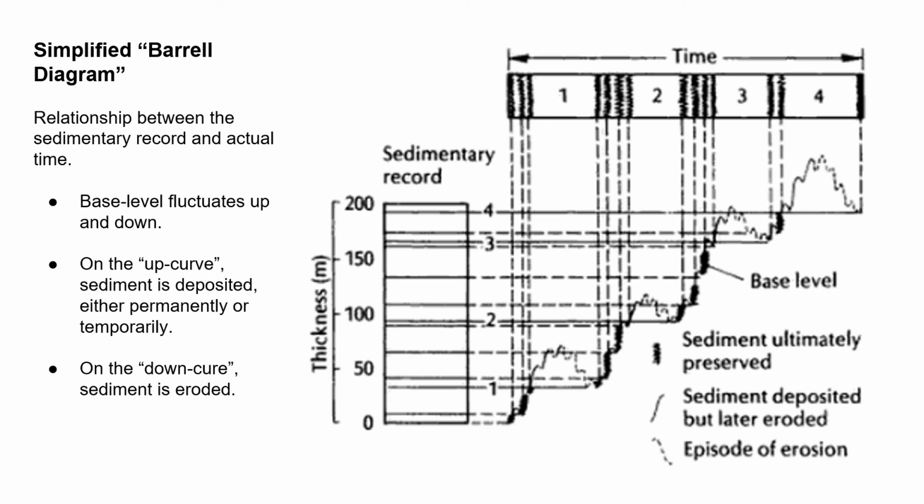Sediment is eroded on the down curve. Okay, so our bold lines you see are where sediments are ultimately preserved. Our lighter up lines are sediment that's deposited and then later eroded, and the downsides are showing that level of erosion. Let's look at another example of a barrel diagram.